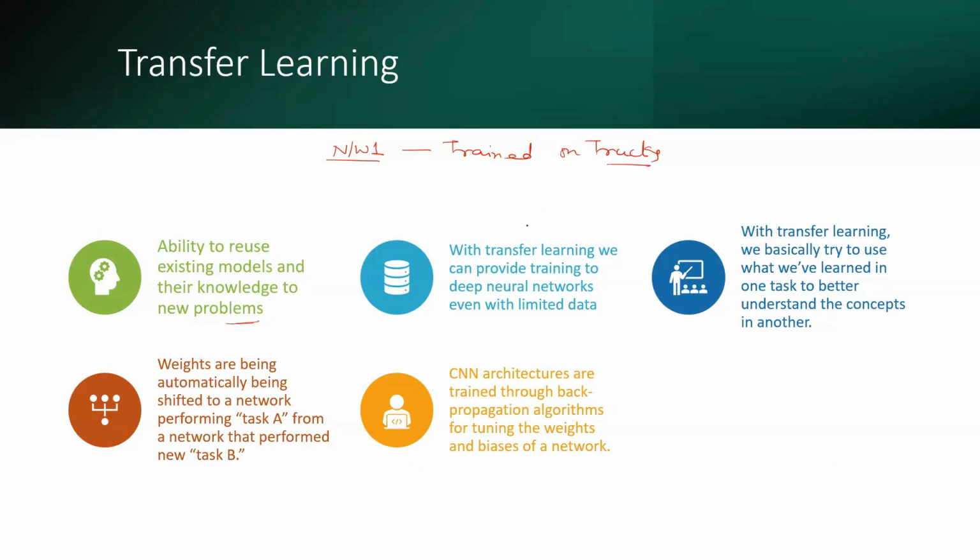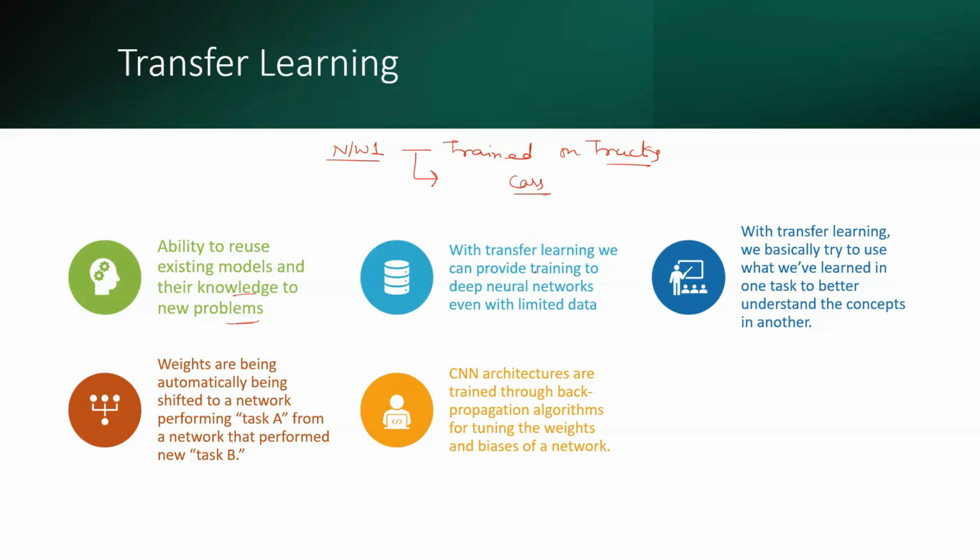Trained on trucks means that it can identify from an image whether a truck is present or not. So you can apply the knowledge of this network to some new problem to identify cars. Okay, that is basically the purpose of utilizing the existing models.